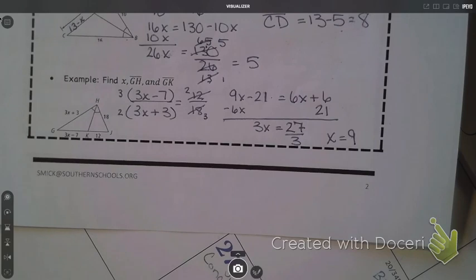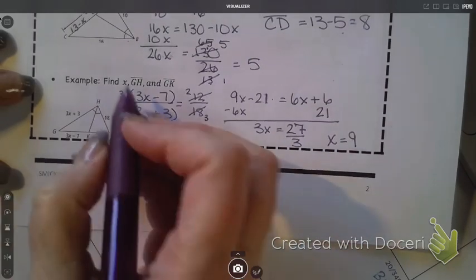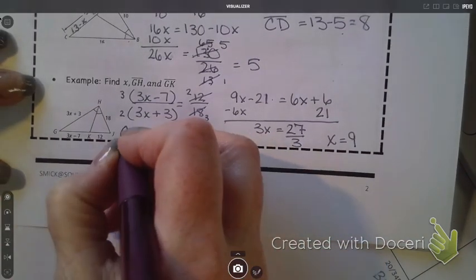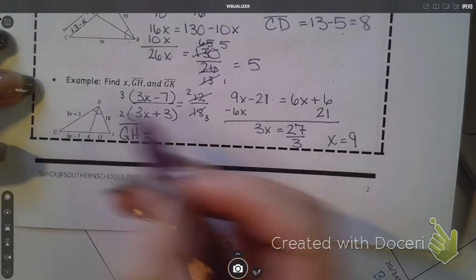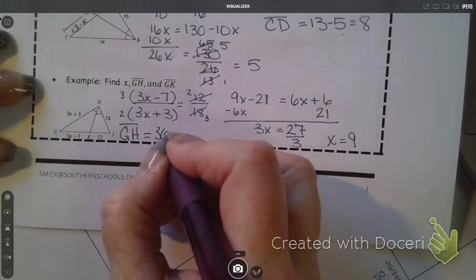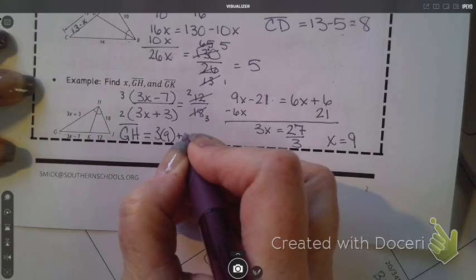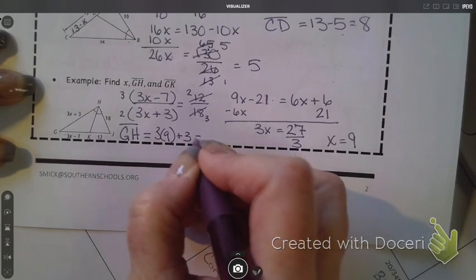Did you get 9? Oh, what? That didn't answer my question, though, did it? That's X. So what is GH? So that'd be 3 times 9 plus 3, so 27 plus 3, 30.